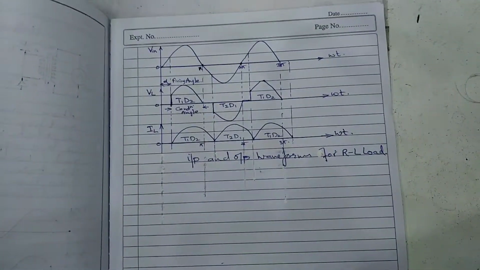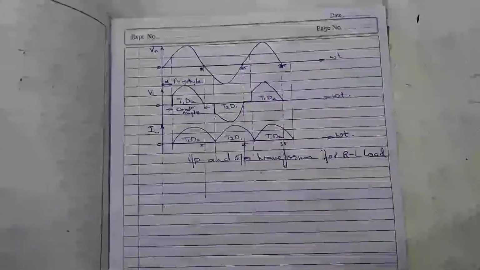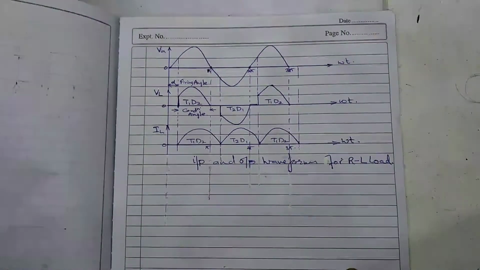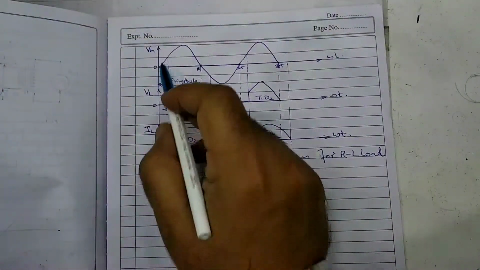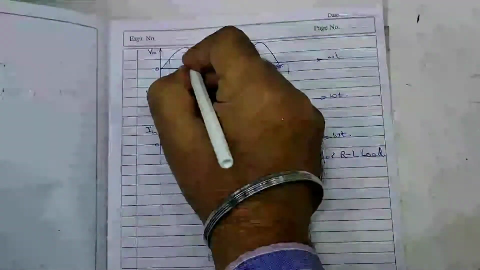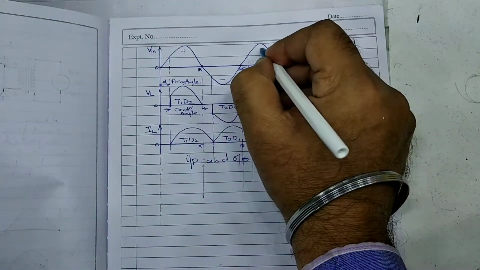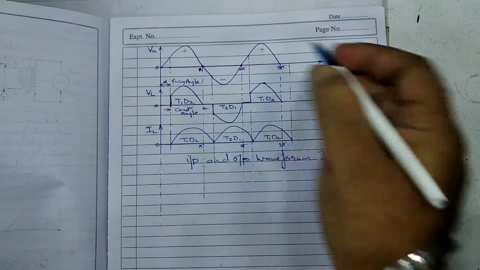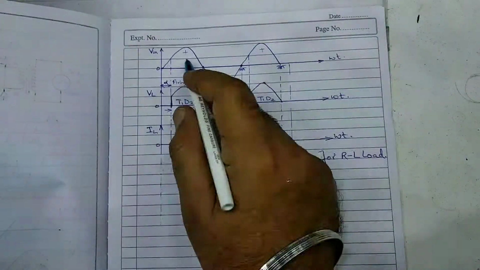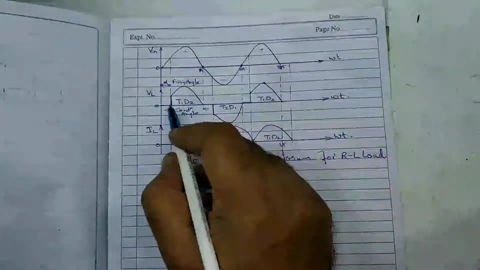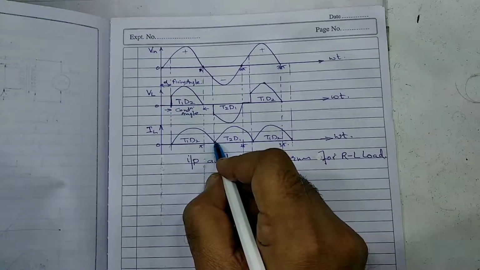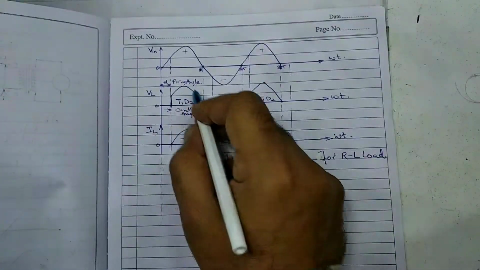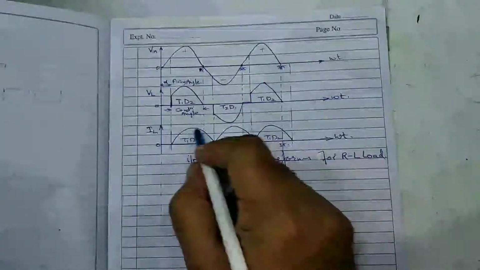Now, when we use RL load or inductive load with the half controlled bridge rectifier, this is the positive half cycle, this is the negative half cycle, again positive and negative. It goes on repeating. In the positive half cycle, T1, D2 are conducting, and this is the load voltage, this is the load current.